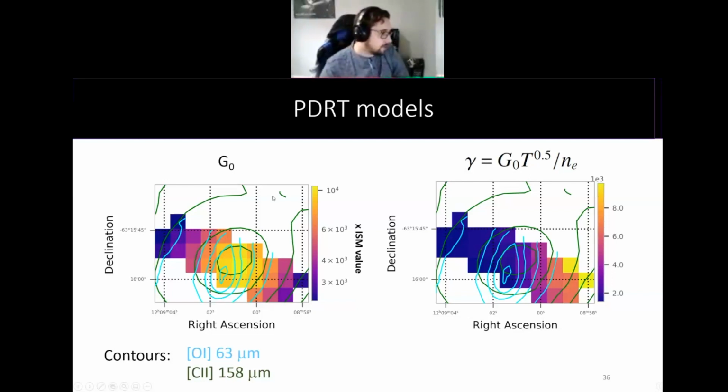What you can see here is that the radiation field peaks at about 10 to the 4 times the interstellar value, which is well in agreement with previous literature values. However, for gamma, we get a very odd distribution, which peaks far to the west of the source center. And so we're not really sure at this point why we get such an odd distribution for gamma.